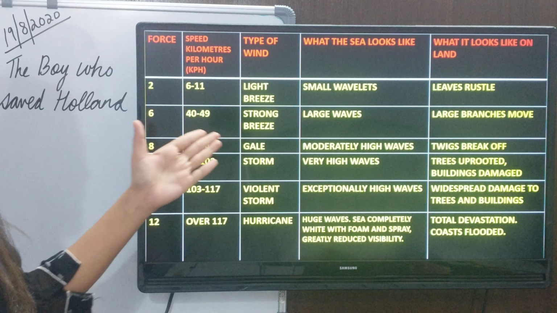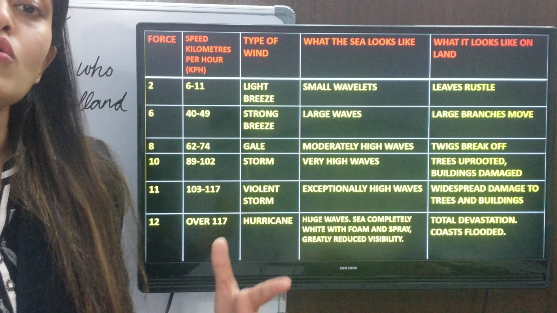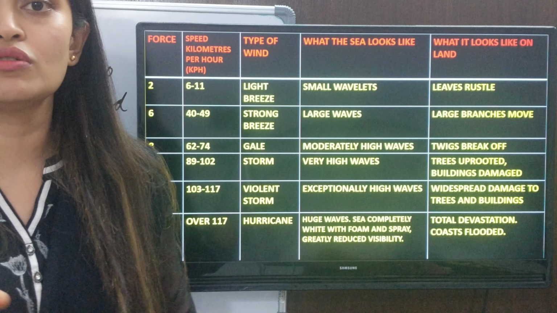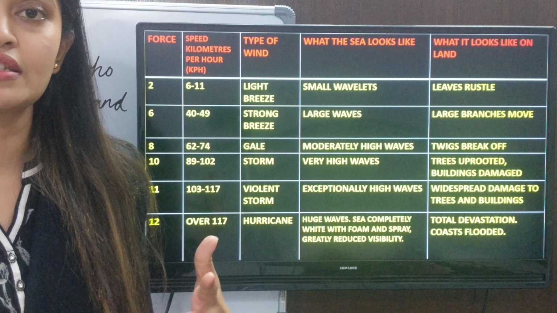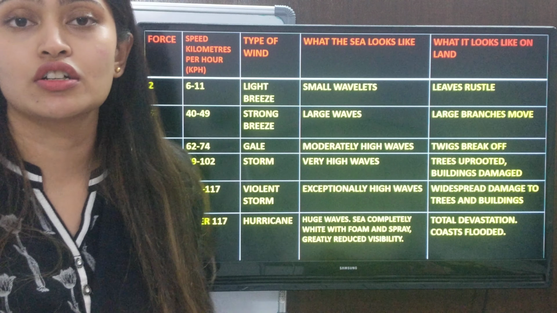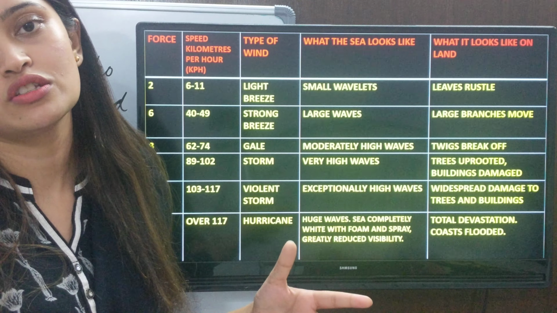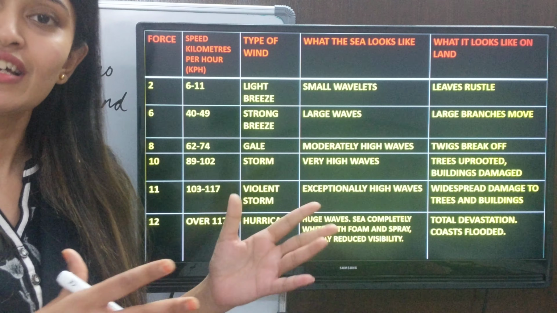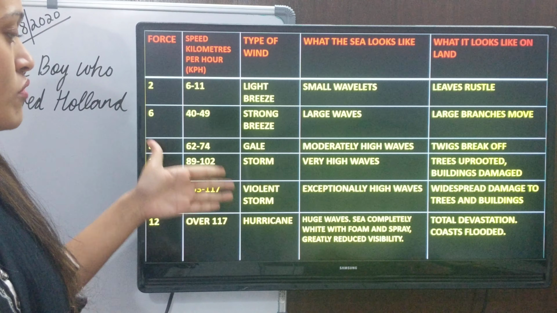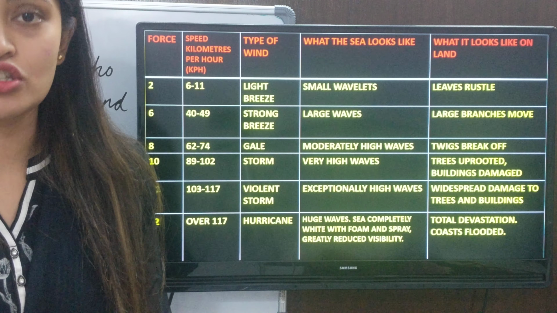Then we have gale. A gale is a very strong wind. In this case, sometimes you will witness leaves flying and twigs getting broken from trees. You will get this kind of experience in the case of a gale. Then you have a storm, then a violent storm, and finally a hurricane. These are the extreme versions of wind.